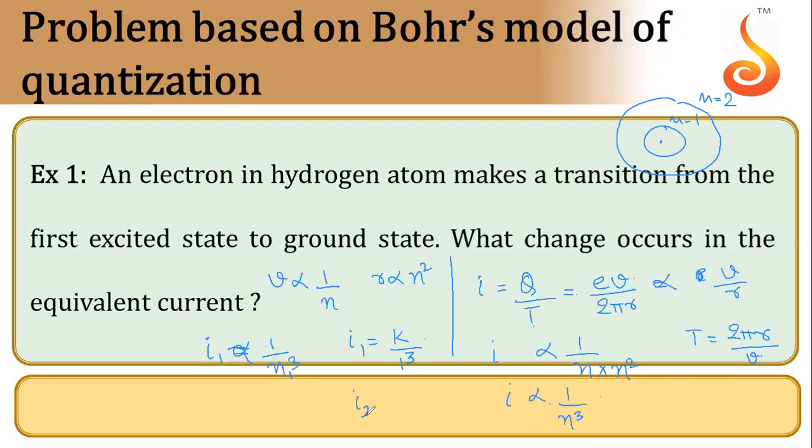So in the first excited state, the value of current will be k by 2 cube. Now you are supposed to find the ratio. So I1 by I2 will be k by 1 divided by k by 8. So it will be 8. So that will be our answer.